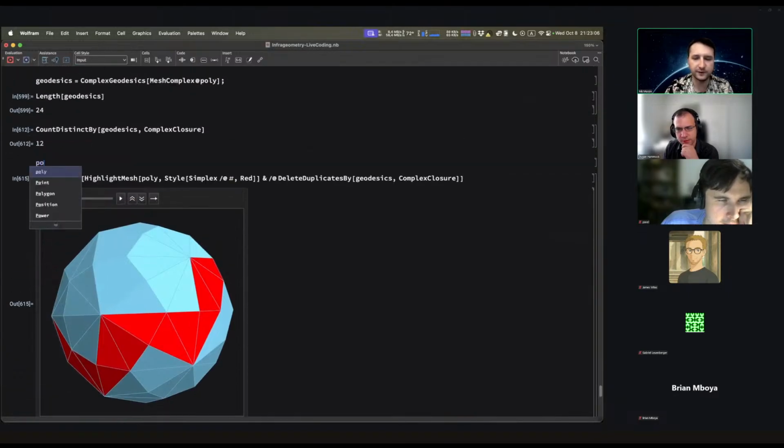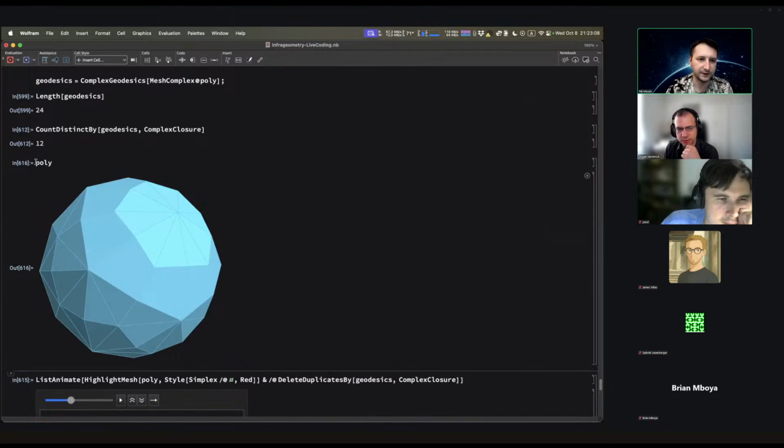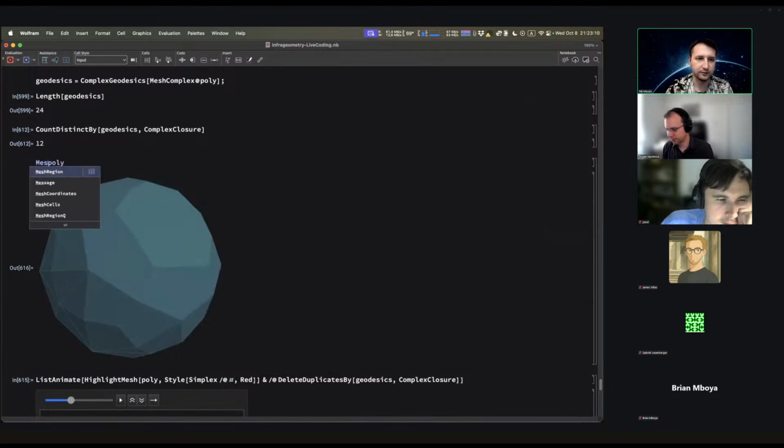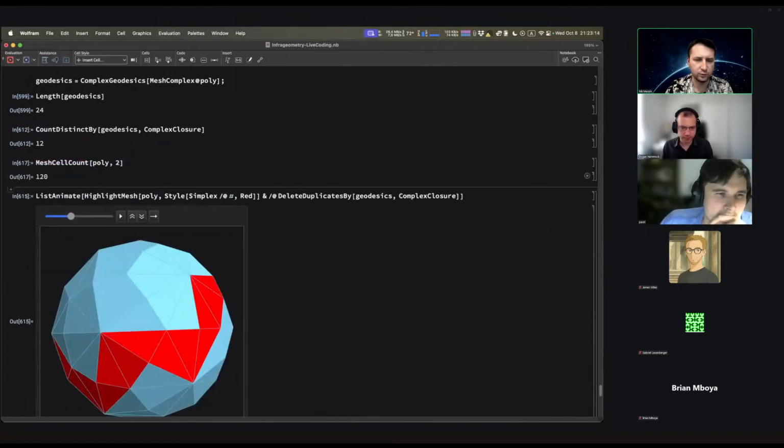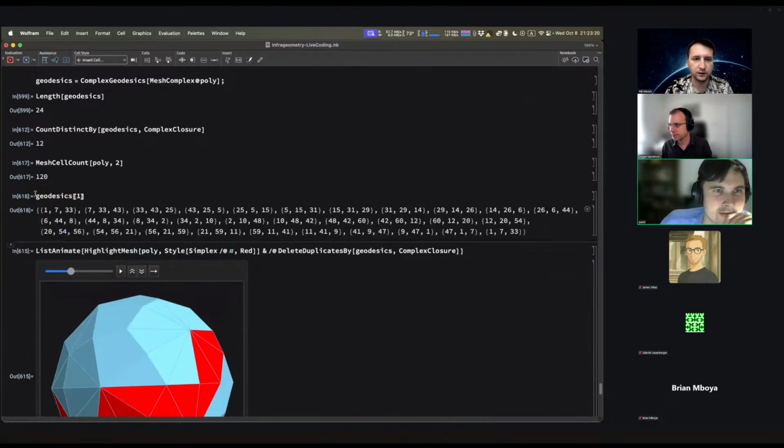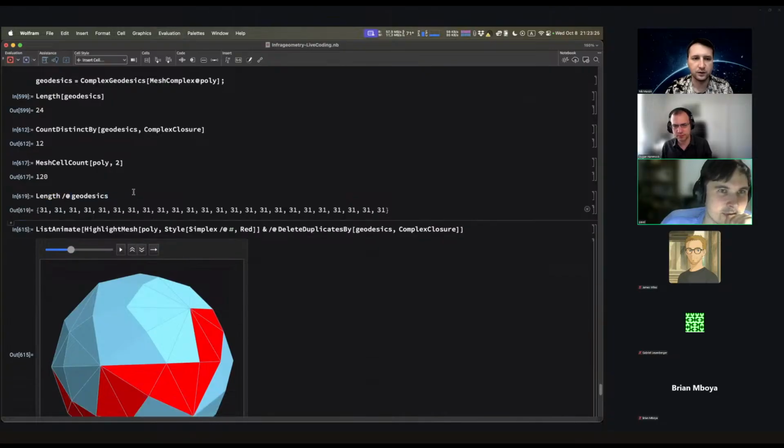And then how many faces? Oh, maybe I'm wrong. How many faces this has? The mesh cell count 2. Do you understand, Nick, what's kind of the defining property of a geodesic? Why is it triangles and so on, or this is not yet understood from the paper?